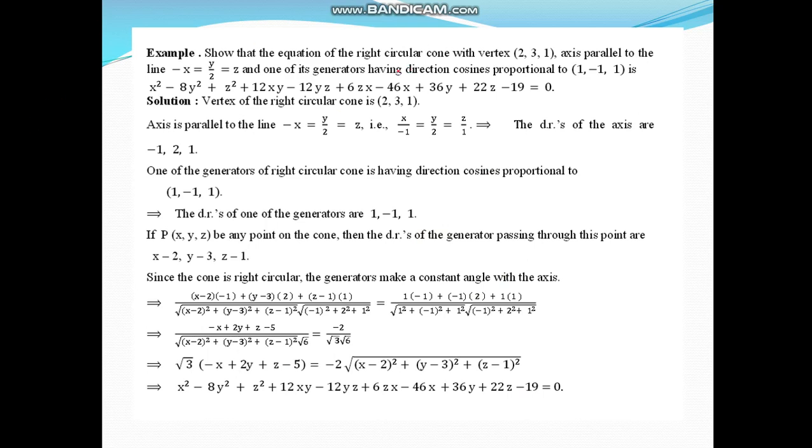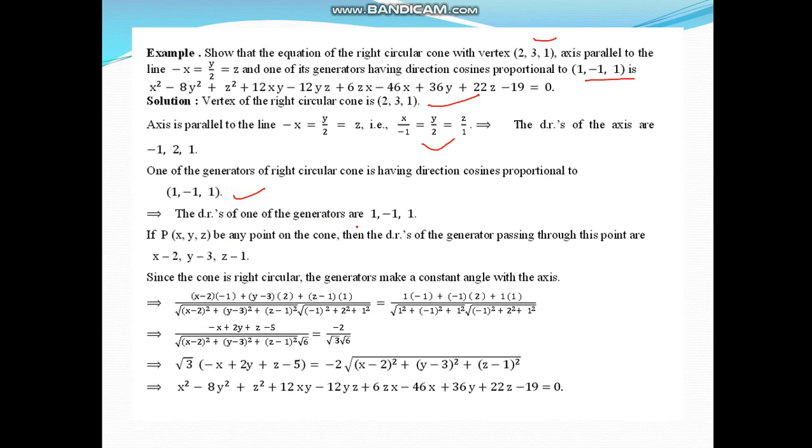Next, the equation of right circular cone, vertex is known, axis is parallel to this line and one of its generators has DRs proportional to this. This result should come. So vertex of right circular cone is this here. Axis is parallel to this line, that is this line. So DRs will be -1, 2, 1. One of the generators has direction ratios proportional to 1, -1, 1.